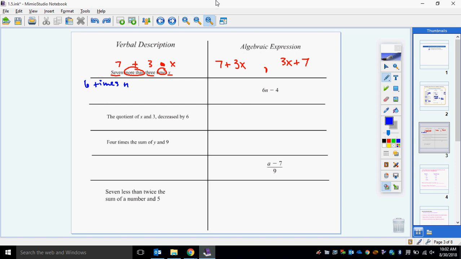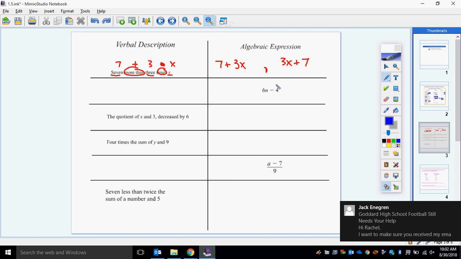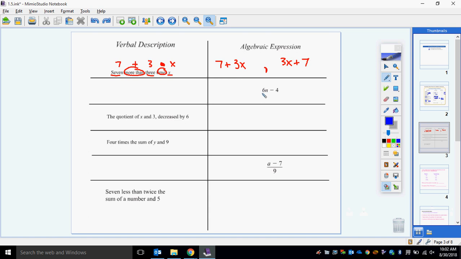So I'm actually going to do something different. I could do 4 subtracted from 6 times n. I could do the product of 6 and n, then take away 4. I could do the difference of 6 times n and 4.